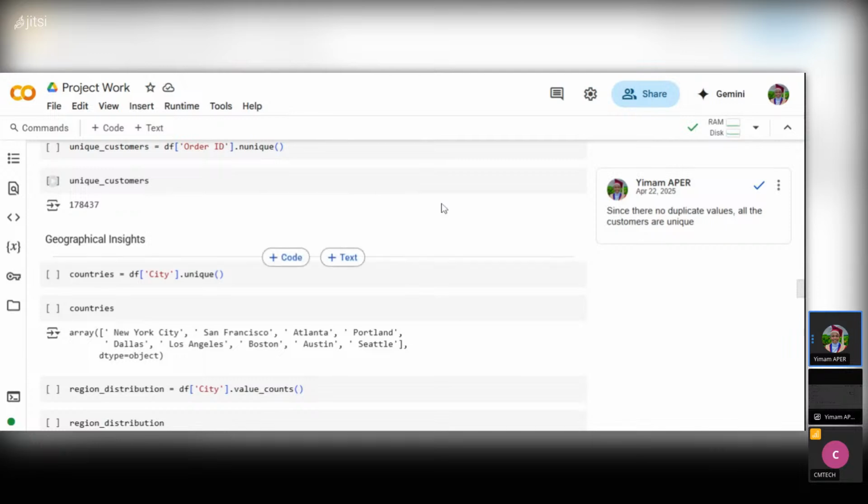City is the column that carries the countries present in the data set, so that I can easily get the number of countries. I printed countries, and it gave me an array where we have New York City, San Francisco, Atlanta, Poland, Dallas, Los Angeles, Boston, Austin, and the rest.